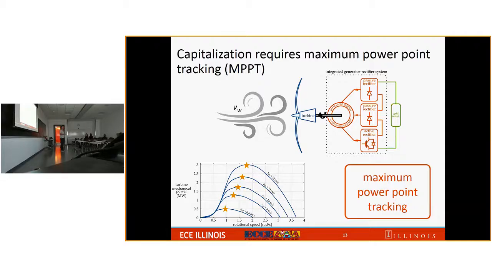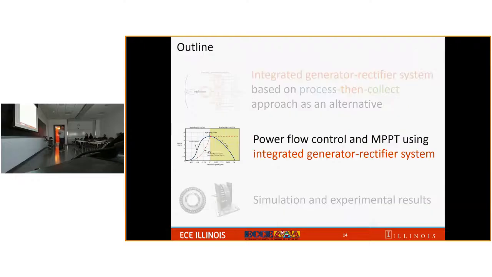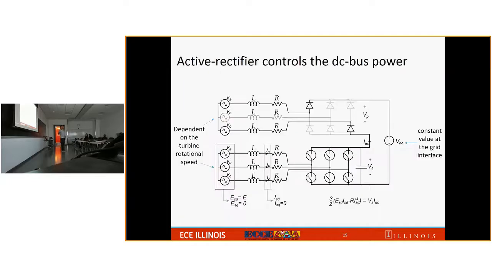But in this work, we will show that actually we can achieve power flow control using this architecture. The key behind that is, because we have a series connection, we have an active rectifier at the bottom of the system, and using the active rectifier, we can control the power flow. And this diagram will illustrate that key point.